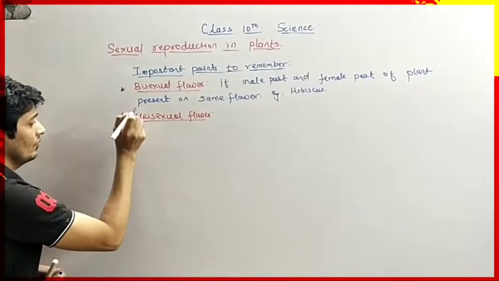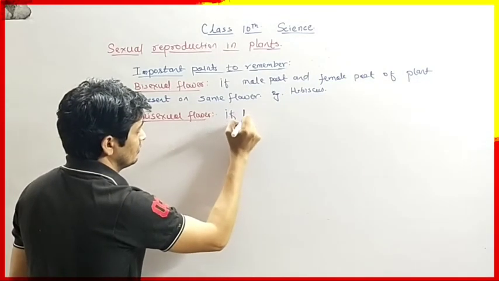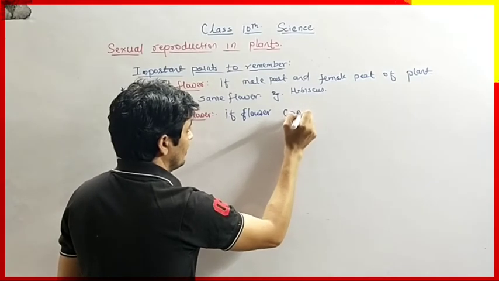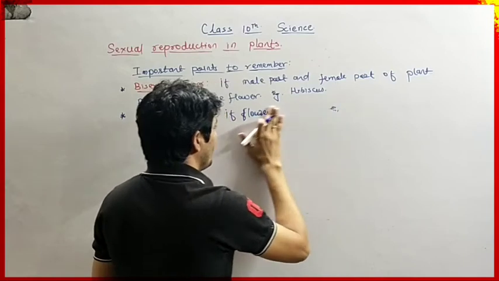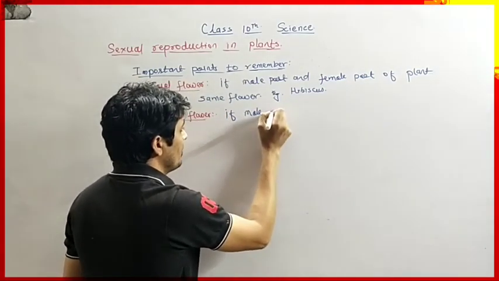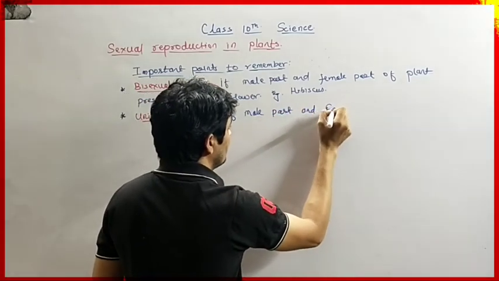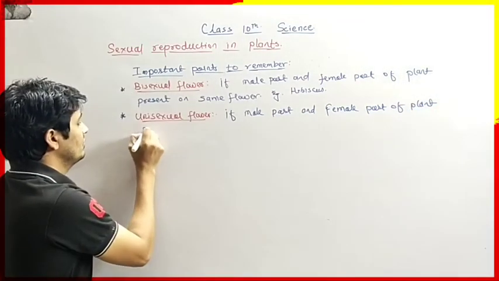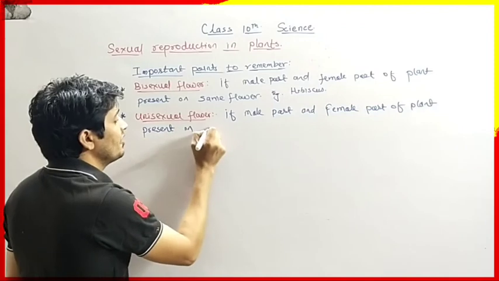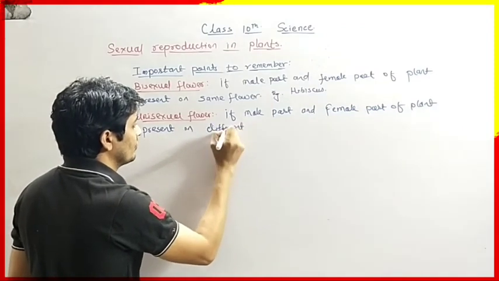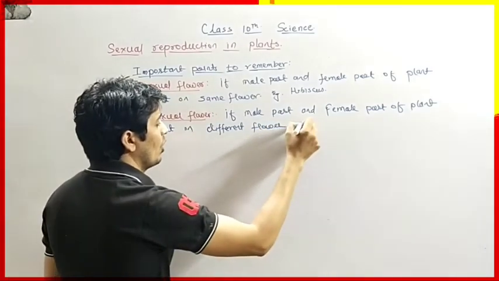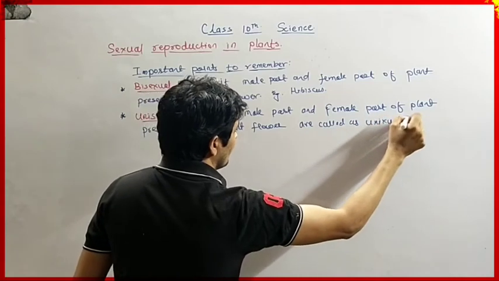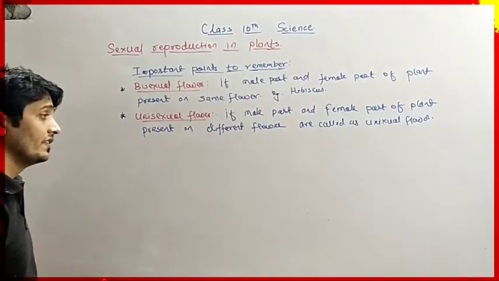A flower contains, if male and female, the male part and female part of the plant present on different flowers, are called unisexual flowers. Unisexual flowers are of two types.